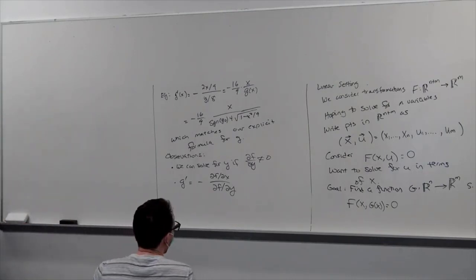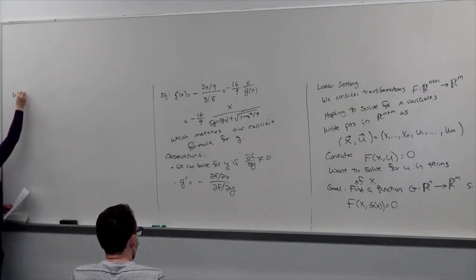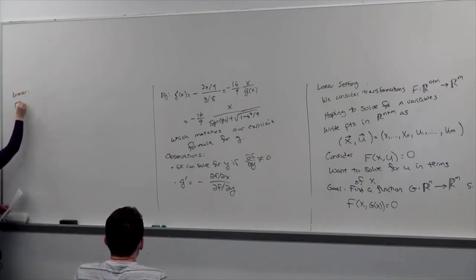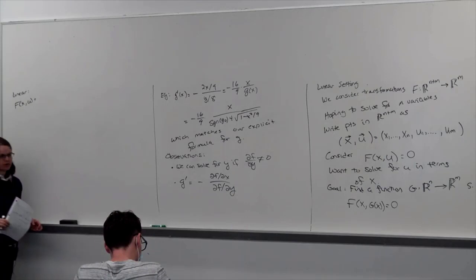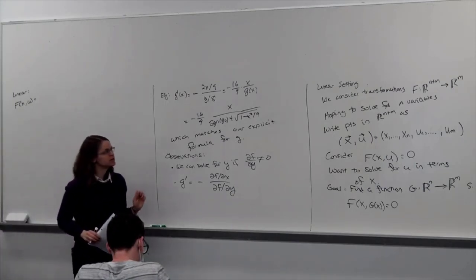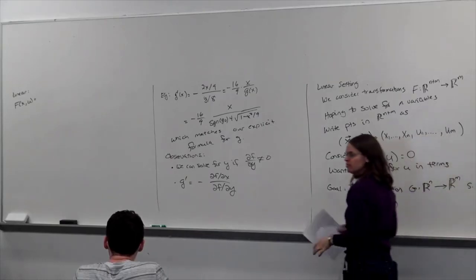All right, so the linear case. In the linear case, f(x, u), I'm going to try to write as a general system of linear equations. So m linear equations in these n plus m variables.